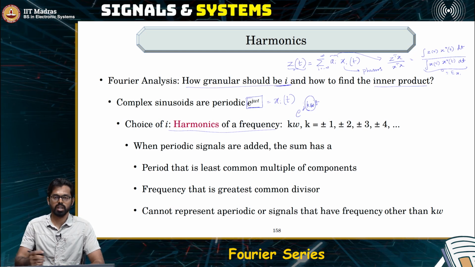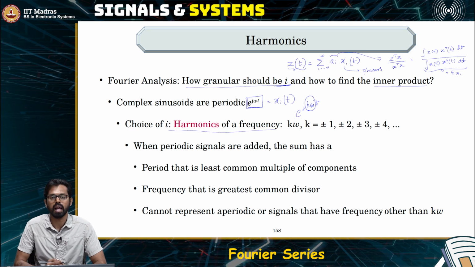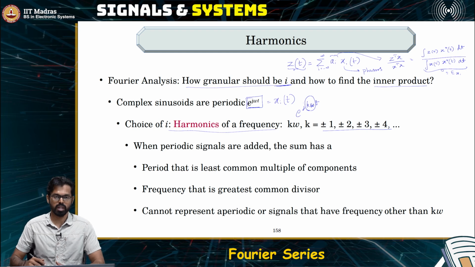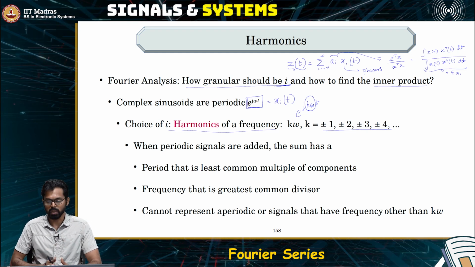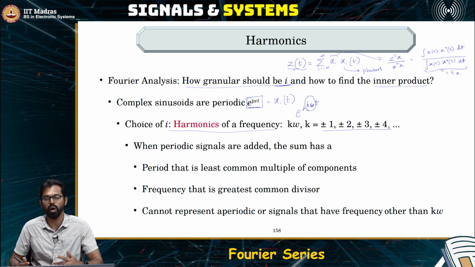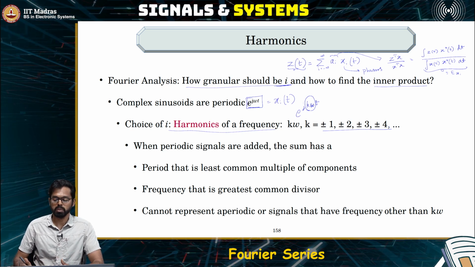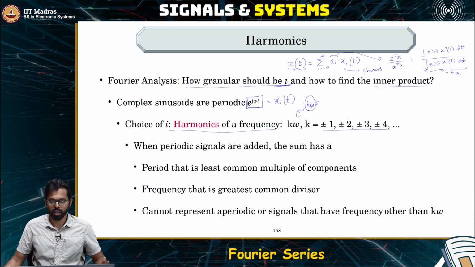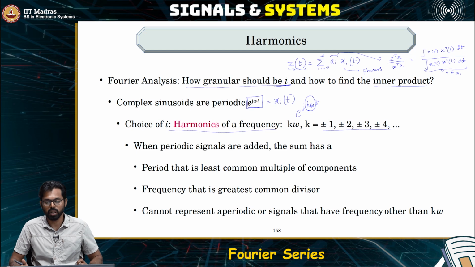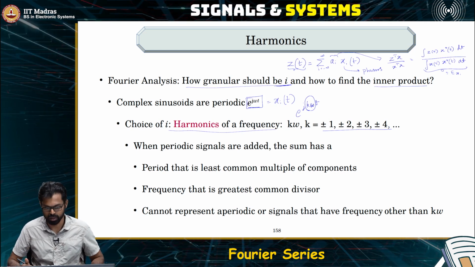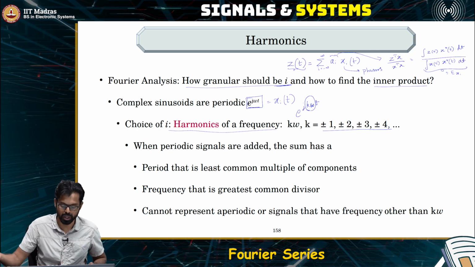Let us say I will fix it as 3 radians per second, and then I will consider all possible integral multiples of that: plus 3, minus 3, plus 6, minus 6, plus 9, minus 9, plus 12, minus 12 and so on. So if I consider all possible integral multiples of this, once again I get infinite frequencies. So somehow the Gibbs phenomenon could be taken care of because we have infinite frequencies here. These are all what are known as harmonics.